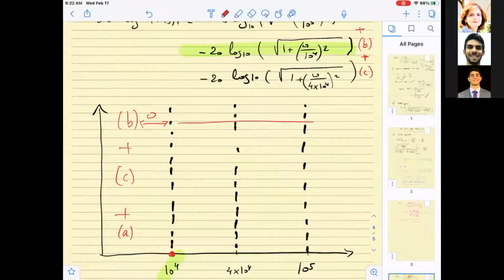And after this, all the way till the end, this term can be approximated by minus 20 log of omega over 10 to the 4. Right? Anybody has any question?